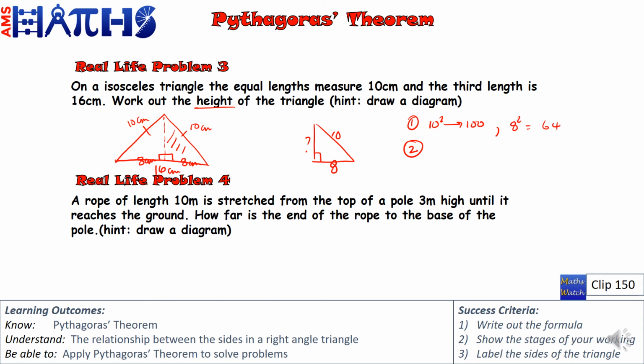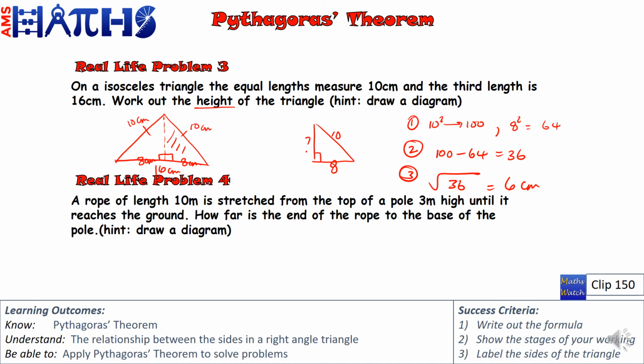We subtract them for the second step because we're finding the shorter side. So it's 100 minus 64 gives us 36, and our third step is to find the square root of 36, which is 6. So the height of the triangle is 6 centimeters.